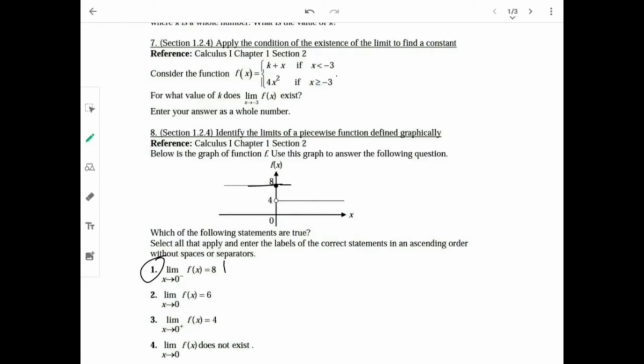Now it's not continuous because as you can see it jumps up. So that's why there is no limit. So this one's wrong. Limit as x approaches 0 plus, which means from the right, as you can see is 4. So it's correct. And limit as x approaches 0 does not exist. Yes, it doesn't exist because it's a jump. So 1, 3, 4.